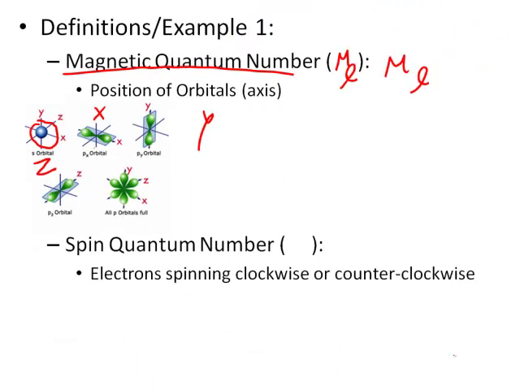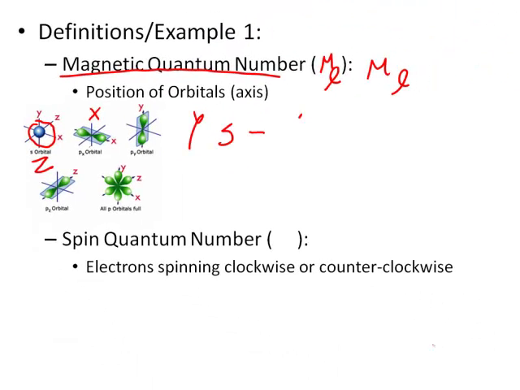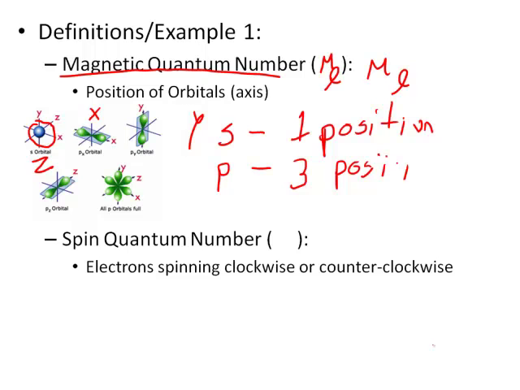The s orbital has 1 position, the p orbital has 3, and you'll find out that the d has 5 positions. That just tells you the orientation on the x, y, z axis; they get more complex as you add more of these orbital patterns where electrons are.